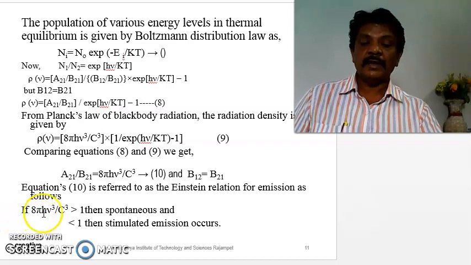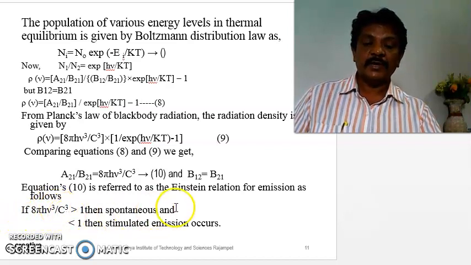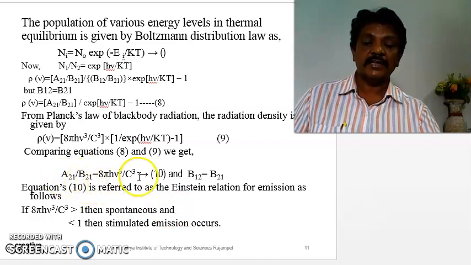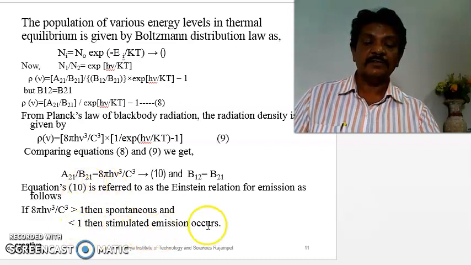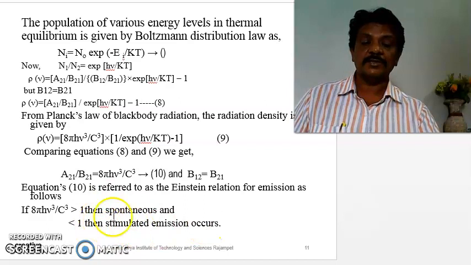If it is greater than 1, then spontaneous emission by stimulated emission is greater than 1, so spontaneous emission is greater than stimulated emission, and spontaneous emission occurs. If it is less than 1, then stimulated emission is greater than spontaneous emission, hence the stimulated emission process occurs.